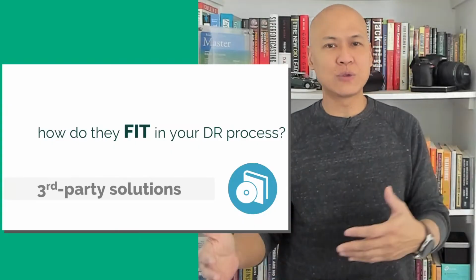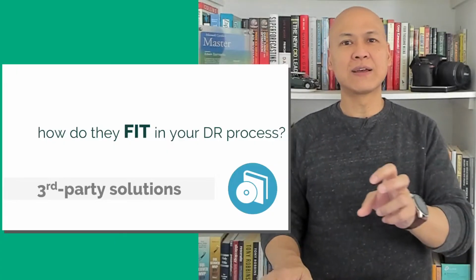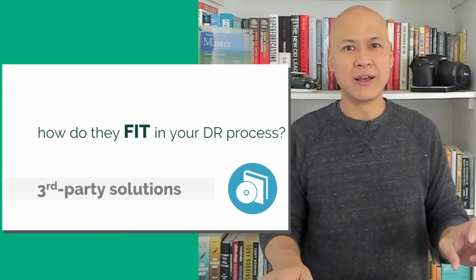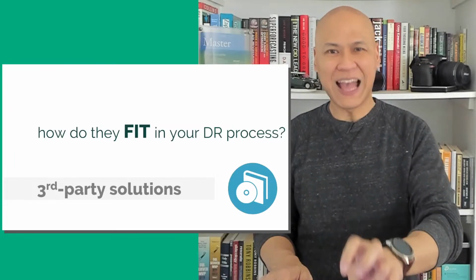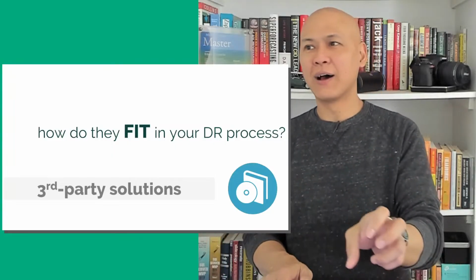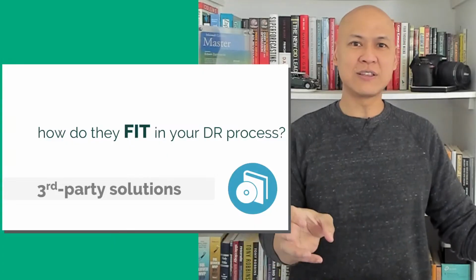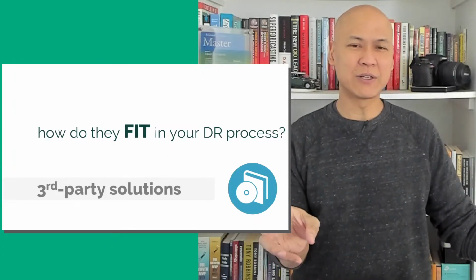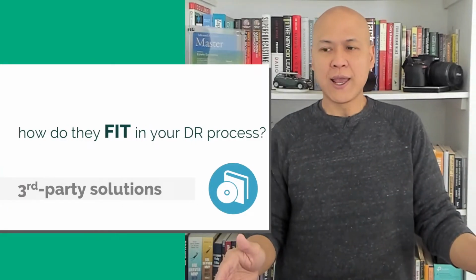Once you've introduced a third-party solution, not just making sure that it still meets the demand, you have to test if this particular thing that you've added can be restored, can be recovered properly by following your DR. Maybe you need to tweak your existing DR process. Maybe you need to change it completely because it no longer meets whatever it is that you're trying to do using this third-party solution.